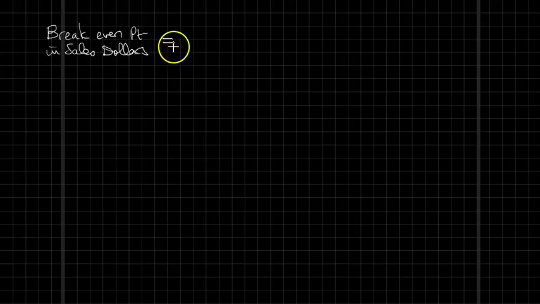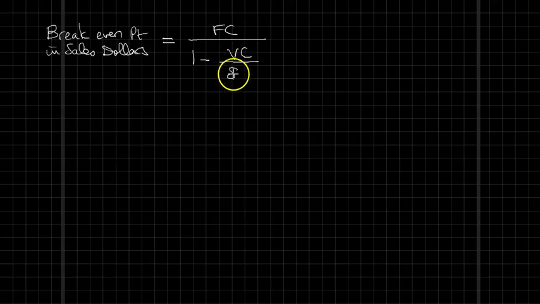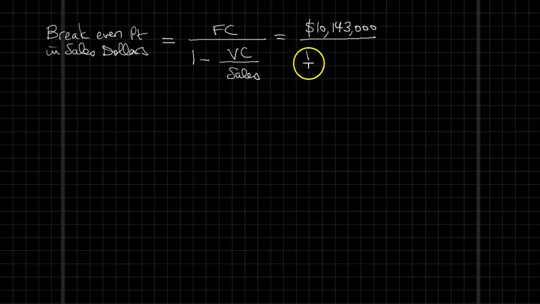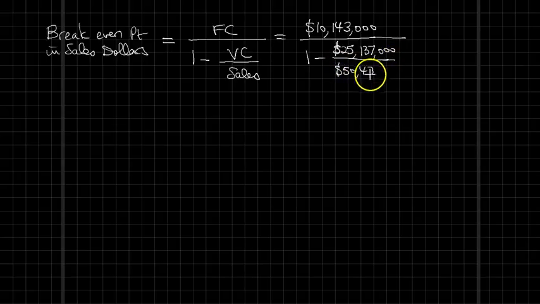So the break-even point in sales dollars is equal to the fixed cost divided by 1 minus variable cost over sales. Now fixed costs, recall from the table, was equal to $10,143,000, whereas variable costs equal $25,137,000, and finally sales total $50,439,375.